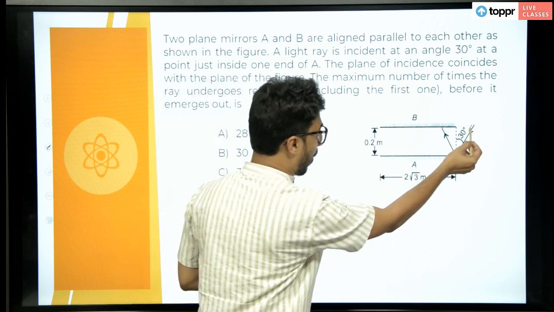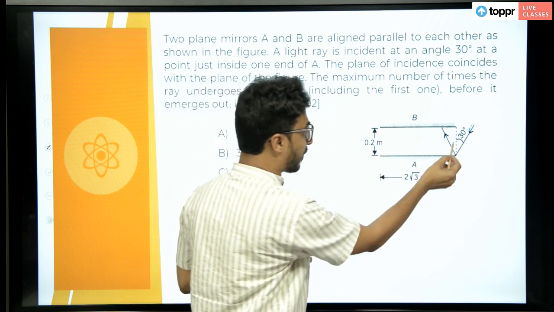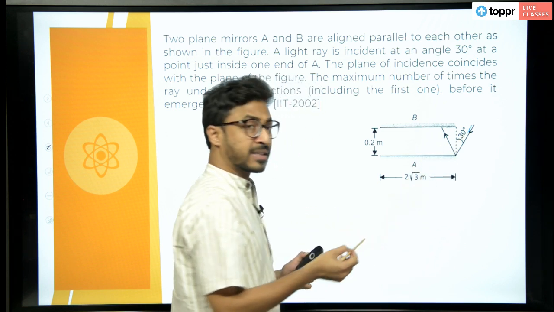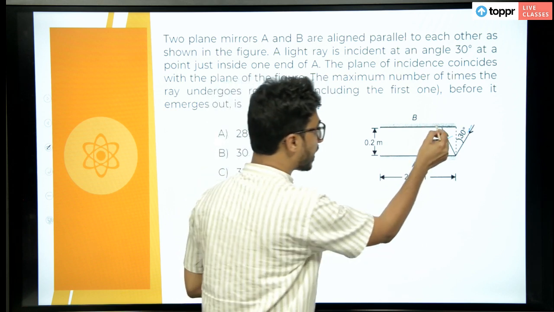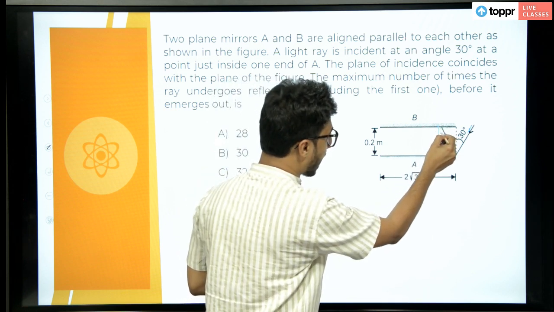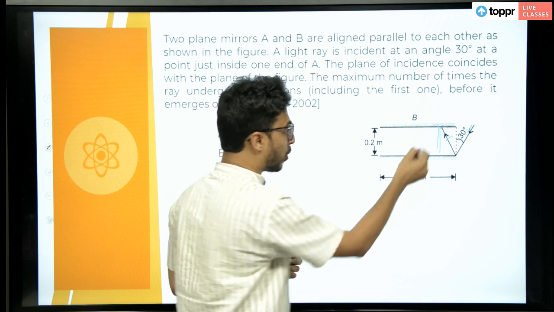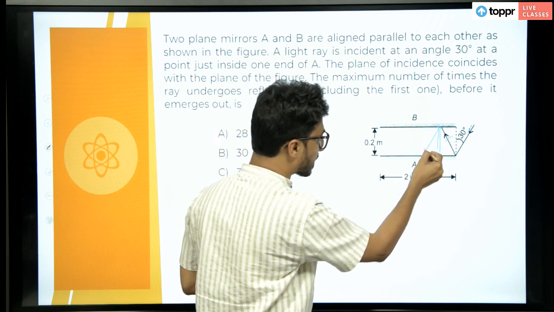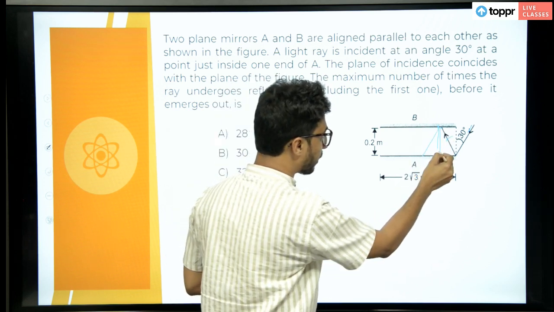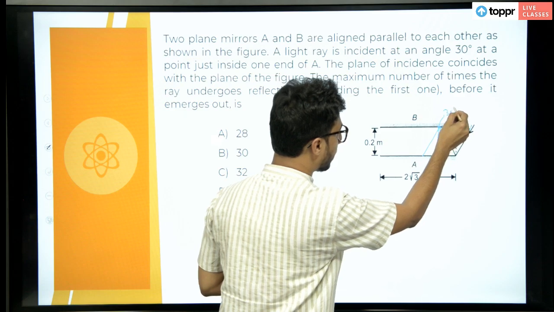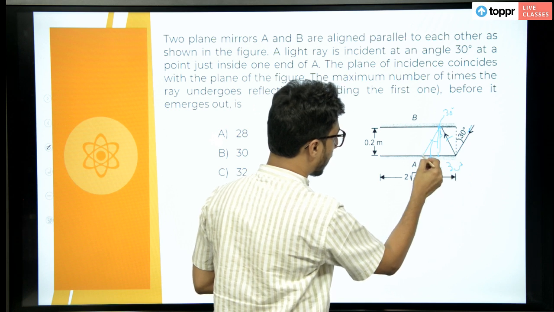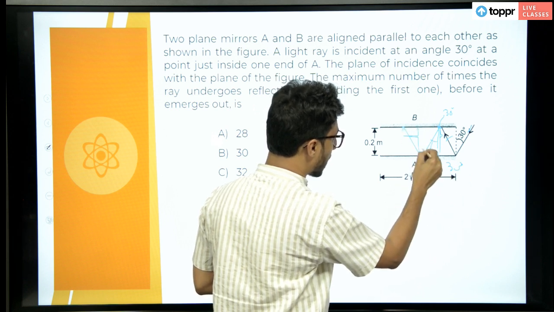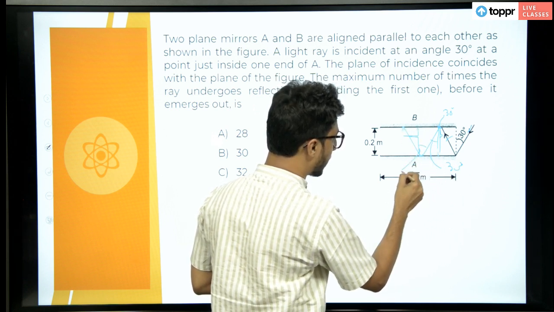Now, when the angle of incidence is 30 degree, the angle of reflection will also be 30 degree, right? Again, at this point, it will undergo another reflection like this, again 30 degree. Again, it will reflect like this, so this angle is again 30 degree.